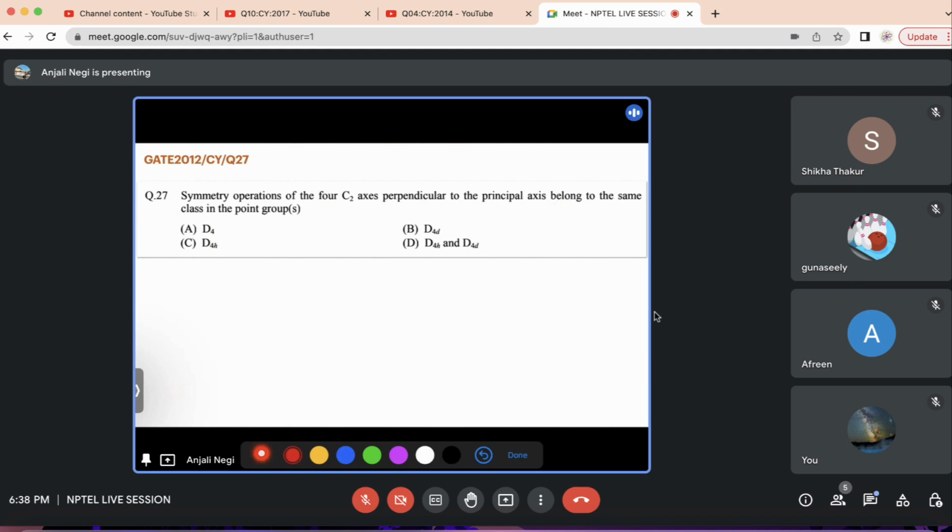So when we are saying that the symmetry operation of 4 C2 which are perpendicular to principal axis, so principal axis is C4 here, and they belong to the same class in the point group. So all of these C2 axes which are perpendicular to C4, which are 4 in number, they all belong to the same class in the point group.